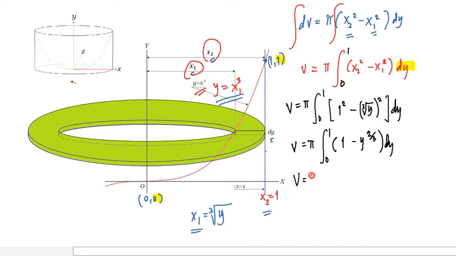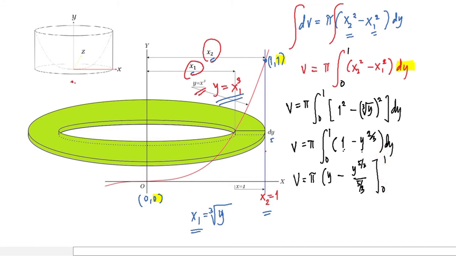So, we have here the volume is equal to pi. The integral of 1 here is y minus the integral of y raised to 2/3 is y raised to 5/3 over 5/3. So our limit is from 0 to 1.